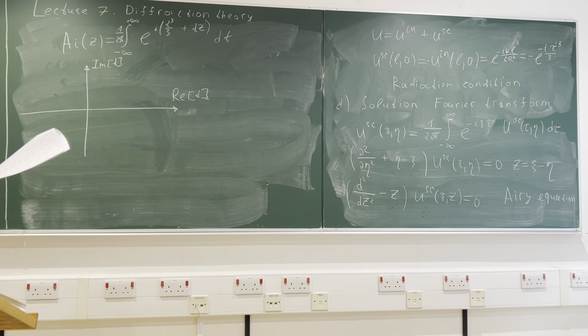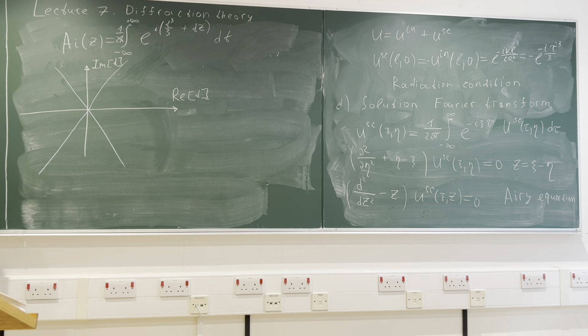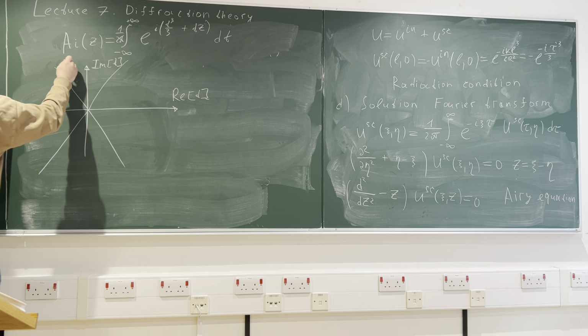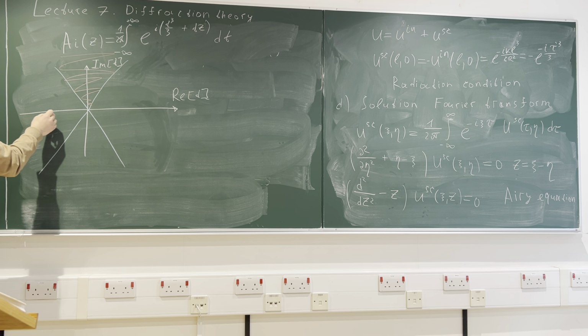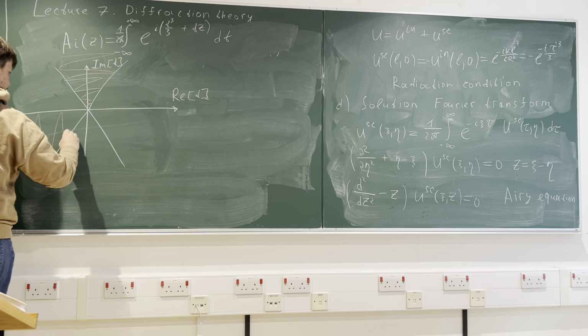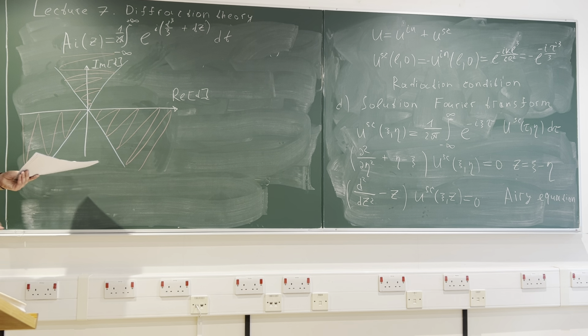So what I do, I divide my plane in like 6 zones, and just direct check will show that in one zone, so this is the domains of decay, and these 3 are domains of growth.